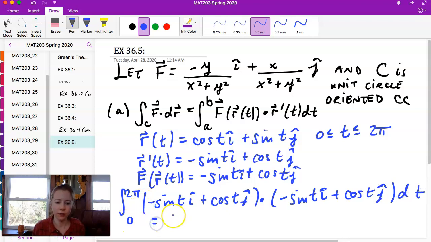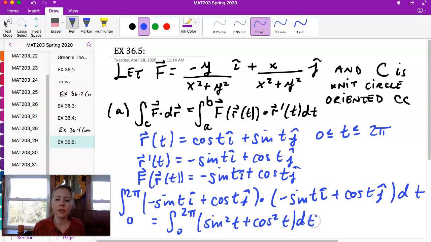And so we go from 0 to 2 pi then of sine squared t plus cosine squared t. Well, that works out pretty nicely. So it's just going to be the integral from 0 to 2 pi dt, which is just going to be t from 0 to 2 pi, which is just going to be 2 pi.